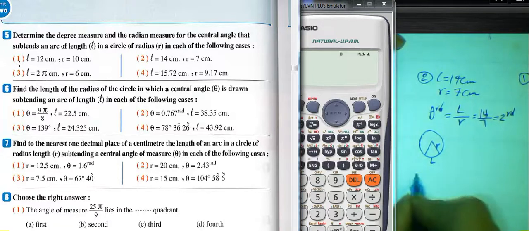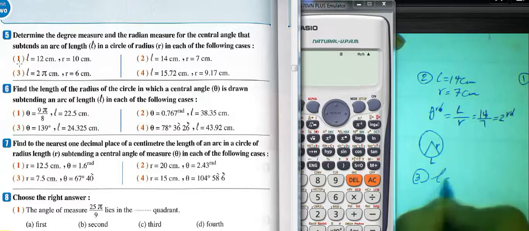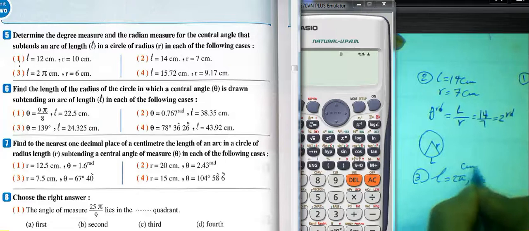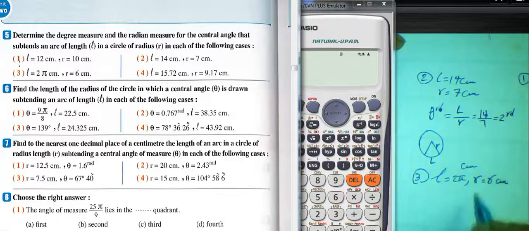Number 3, L equals 2 pi centimeter and the radius 6 centimeter. So theta radian equals length of arc L over R. 2 pi over 6, the result will be pi over 3.